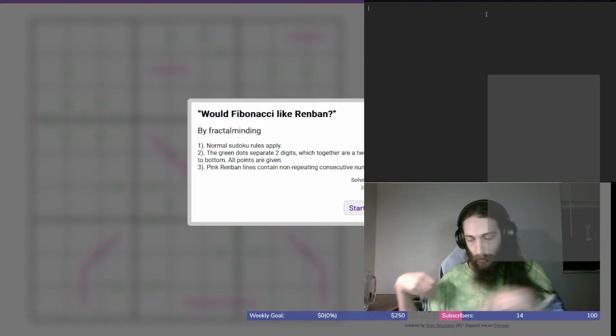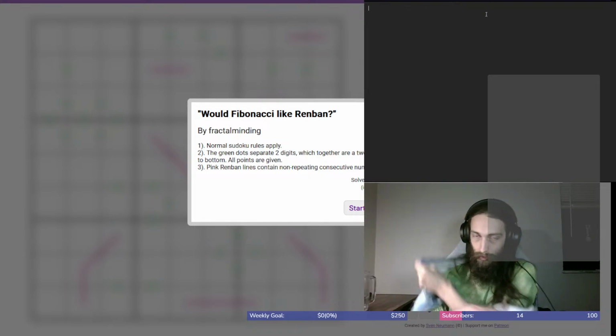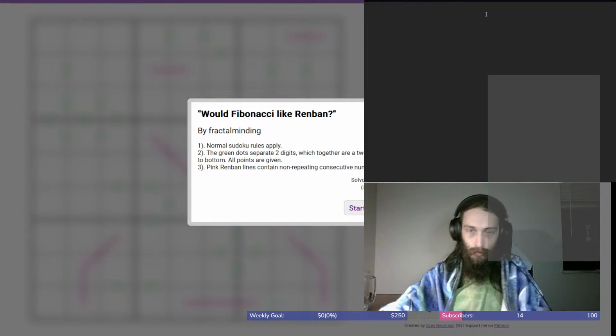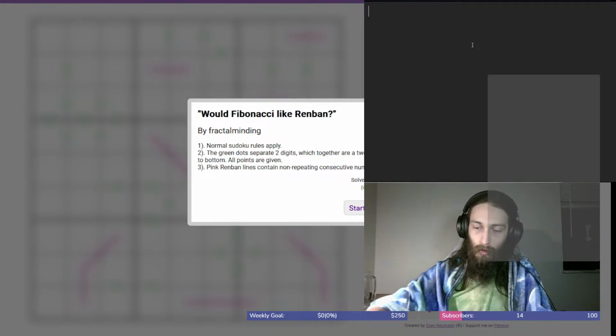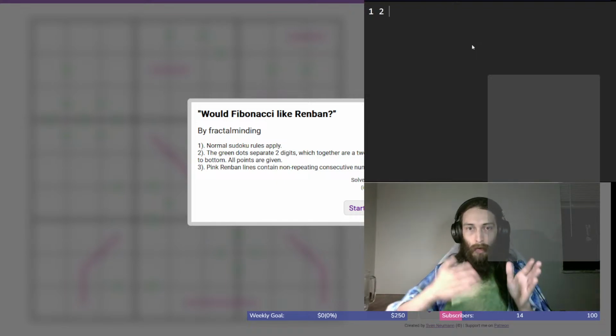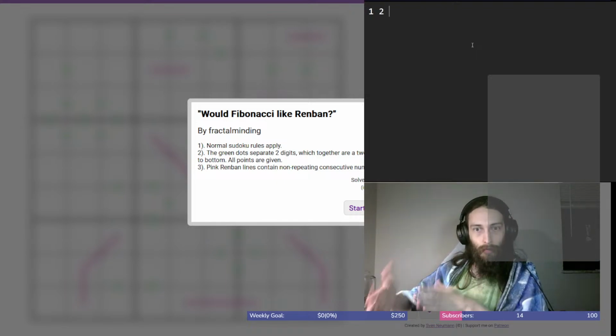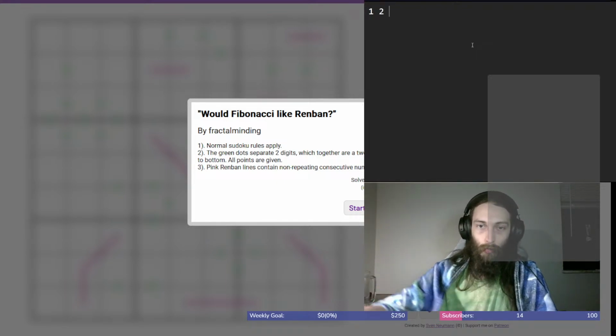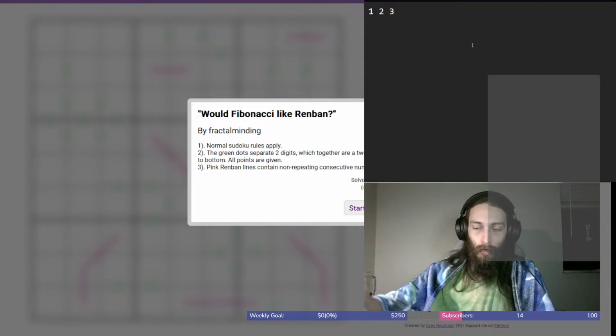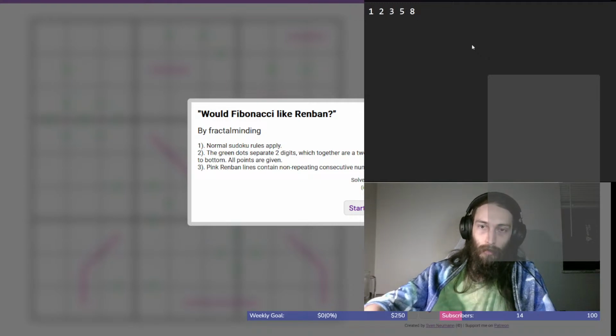So what are Fibonacci numbers? If you think of a sequence starting with 1 and 2, and you add the 2 previous values together, 1 plus 2 is 3, and then continue that pattern. 2 plus 3 is 5, 3 plus 5 is 8, 5 and 8 is 13.